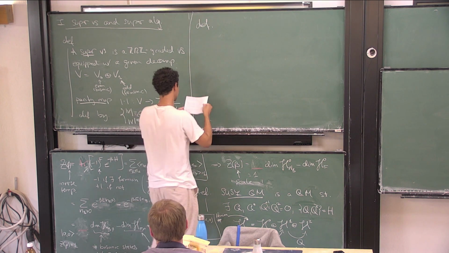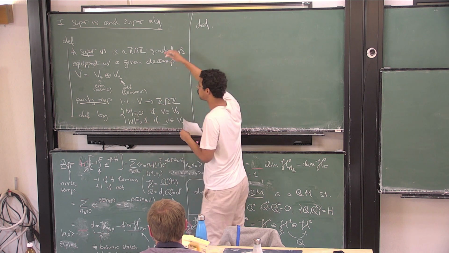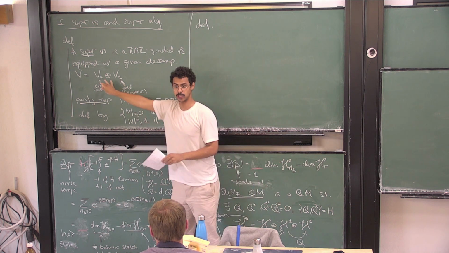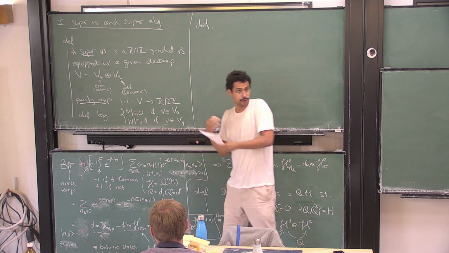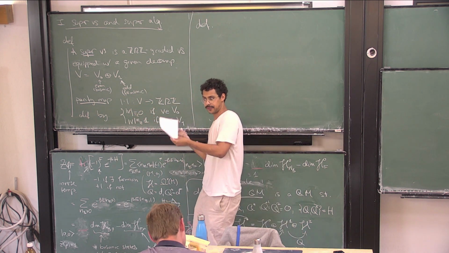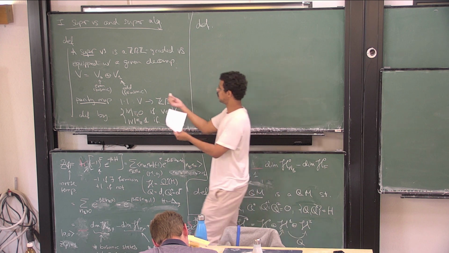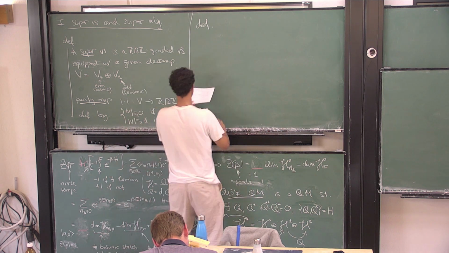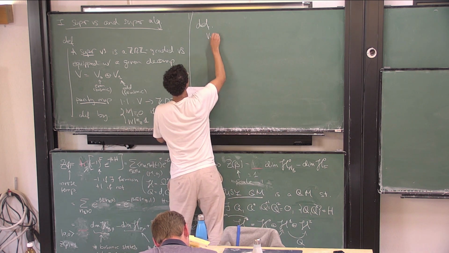So now since we have these vector spaces and they come with this decomposition, we have a new structure, so let's see what the maps between these supervector spaces are.